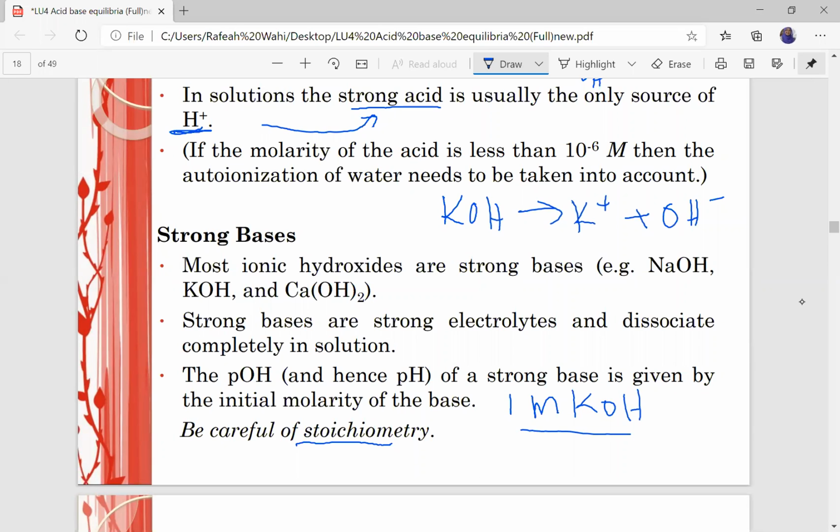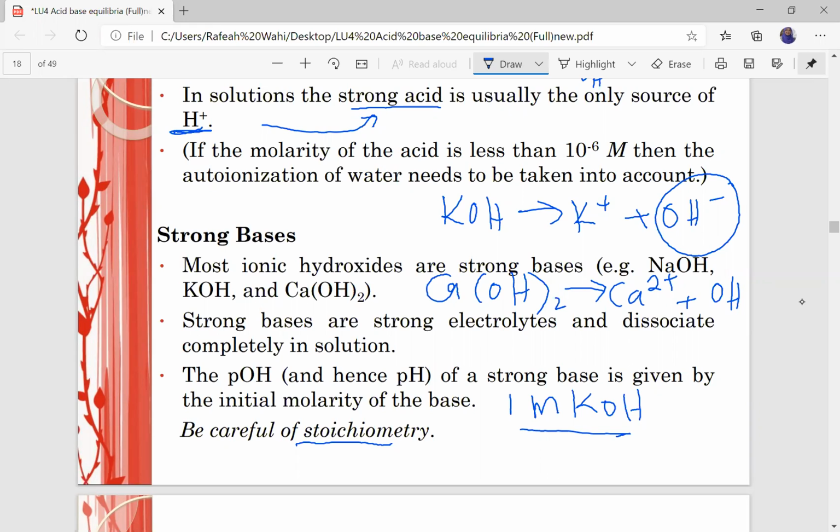So 1 molar of KOH is normally 1 molar of hydroxide ion. However, if you have calcium hydroxide, it dissociates into Ca2 plus and hydroxide ion. So you have to balance the dissociation equation. So both sides should have 2 OH.